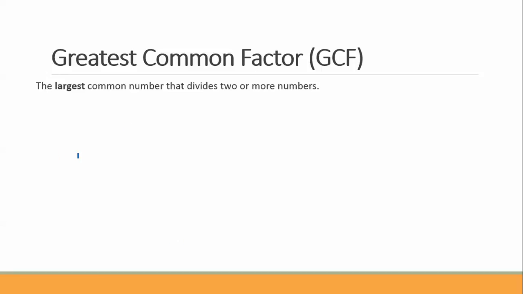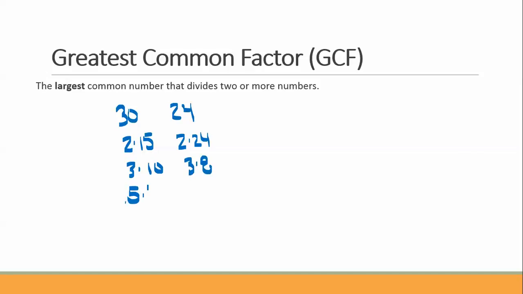So for instance, if we have 30 and 24, both of these numbers are divisible by 2 because they're 2 times 15, or 2 times 12, 3 times 10, 3 times 8, or 5 times 6, and 6 times 4. So these numbers, they're both divisible by 2.